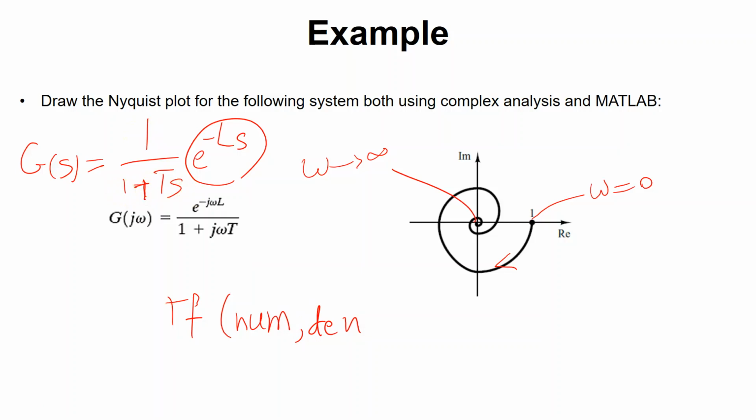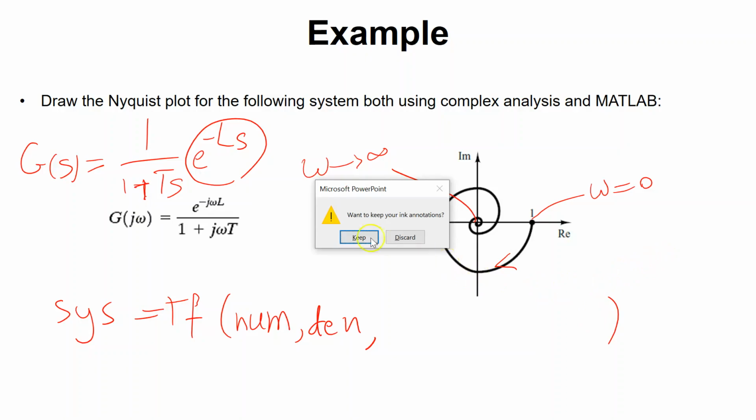What about this extra delay? Is there any command in MATLAB that I can use to also specify an extra addition for delay? And the answer is yes. We haven't used it so far, but now it's a good time to use it.